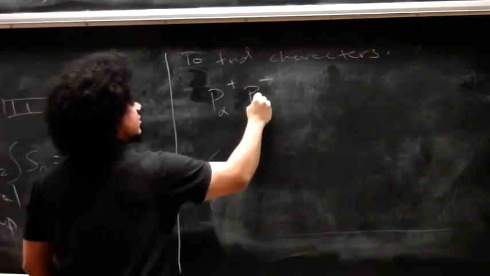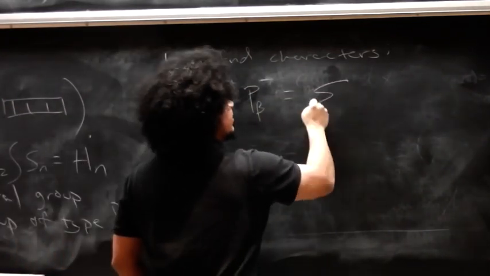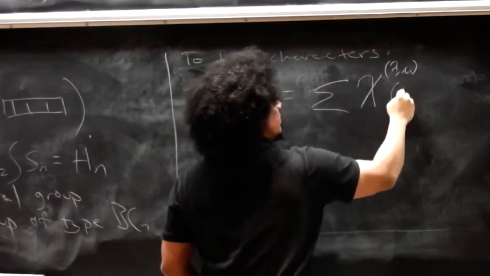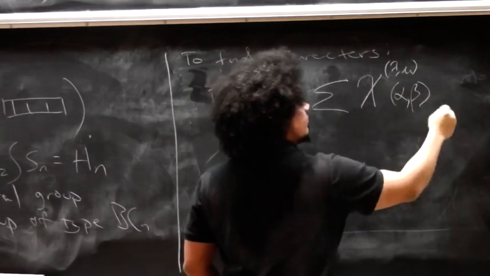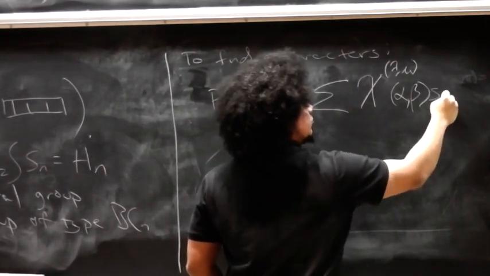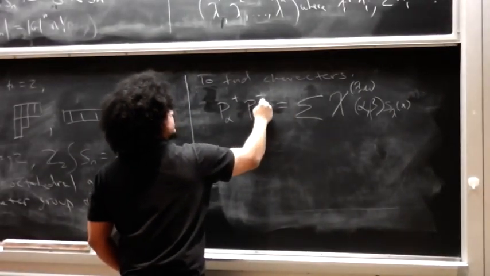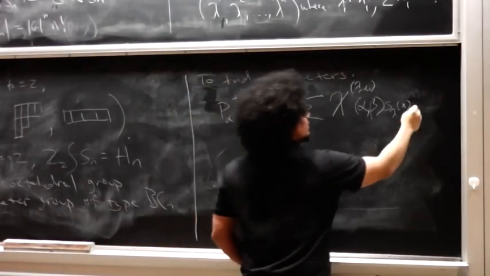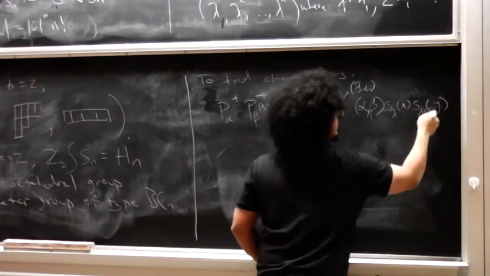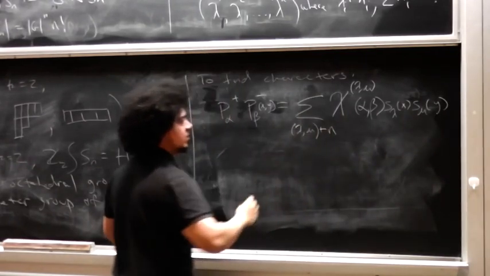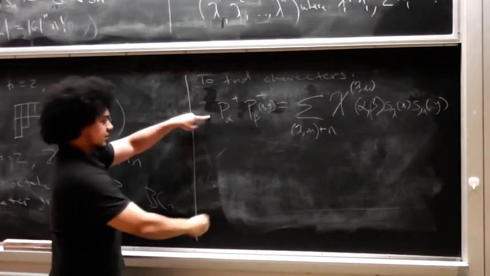This is going to be the sum over bipartitions of the Schur functions, and we're going to need two sets of variables, x's and y's. Here mu and nu would be some bipartition of n. I'll tell you what these are.